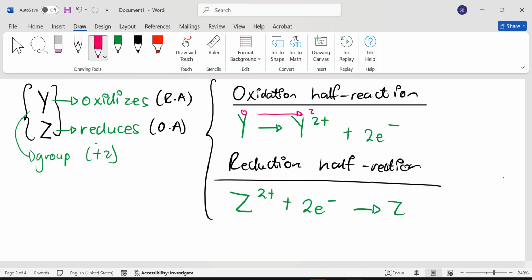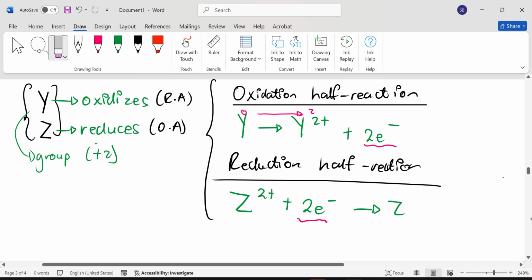That is why the electrons are in the product part. But when you gain something, that becomes a reactant. That is why Z has 2e minus on the reactant side, because you gained those electrons.